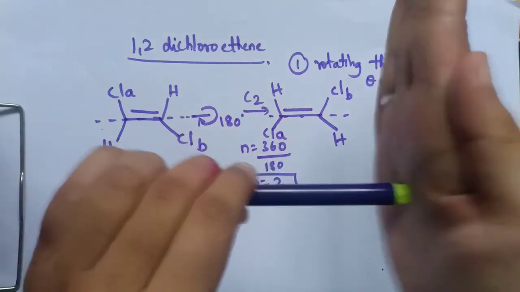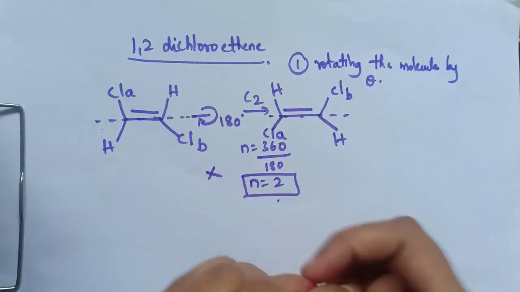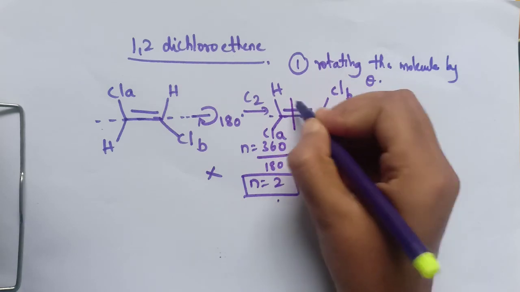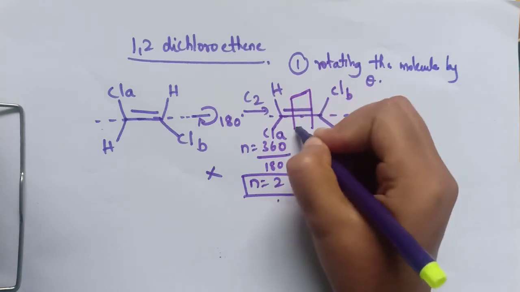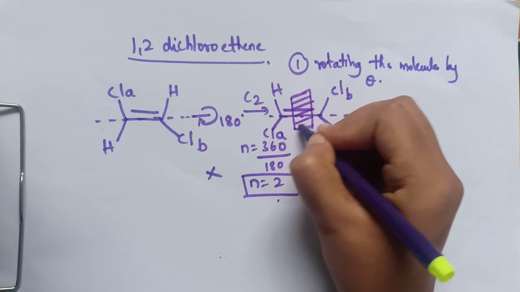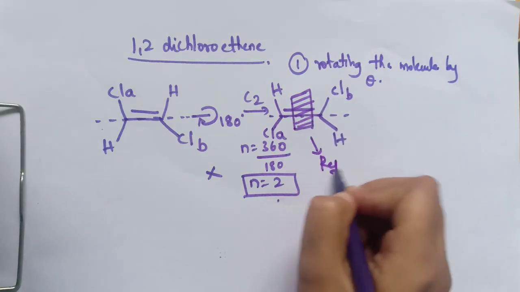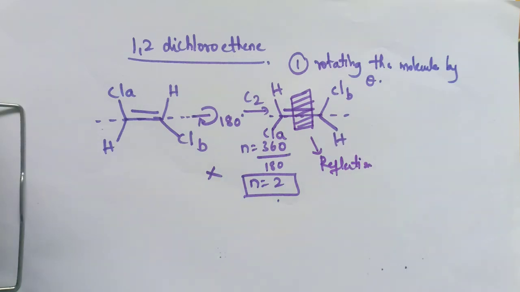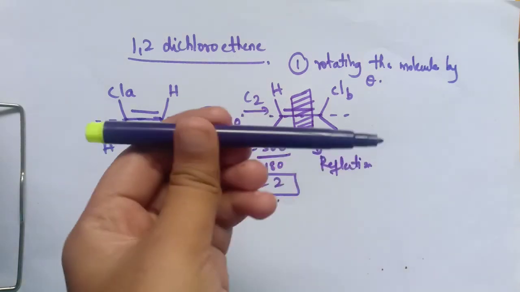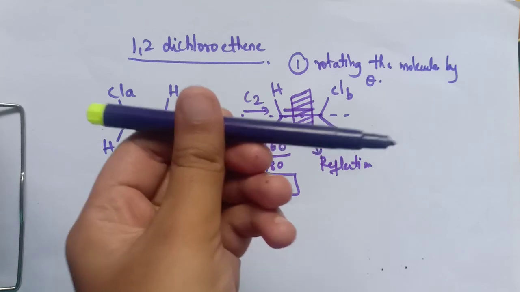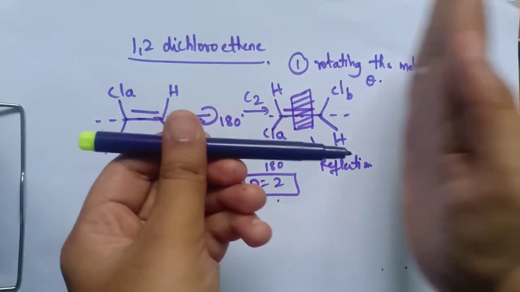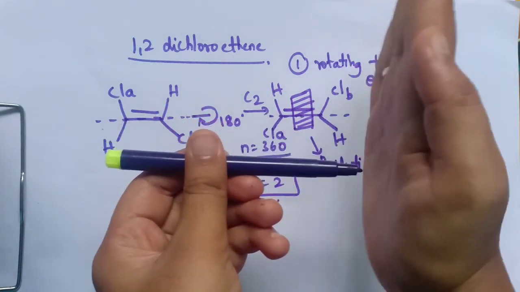Plane perpendicular means this one, like this. So now we have to take the reflection here. We are placing a plane here. Now we have to take a reflection. See, it is a rotational axis. It is an imaginary line. So this will become the perpendicular for this.